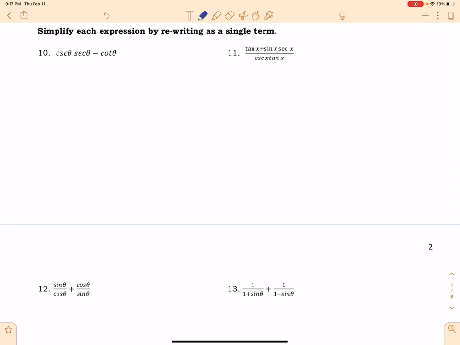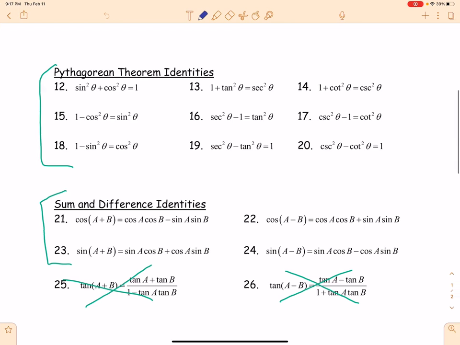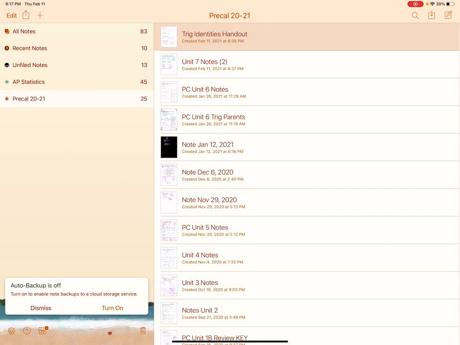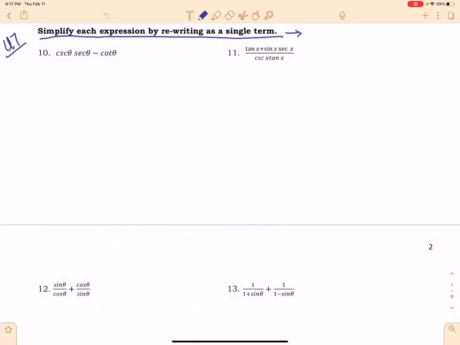Okay, in this pre-cal video, we are still in Unit 7, and we are going to explore simplifying our expressions by rewriting them as a single term. What I mean by that is that we are going to manipulate these expressions mathematically, and we are going to use values off of our identities page to rewrite things to basically transform them into one term without any addition and subtraction.